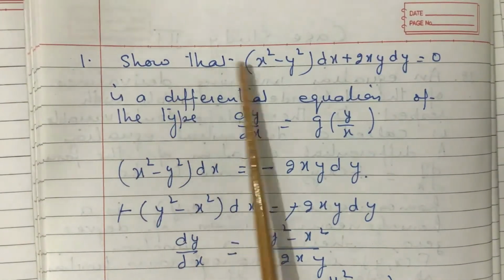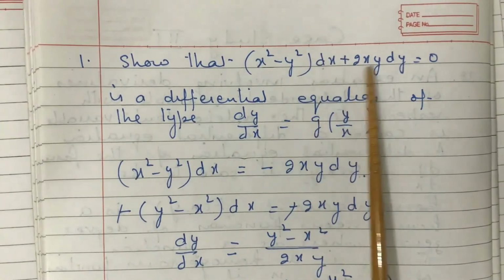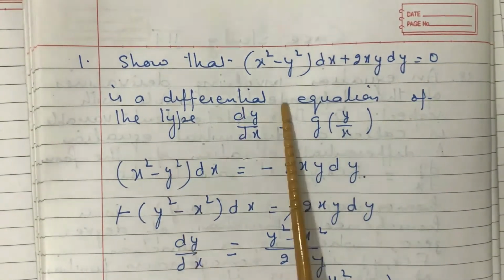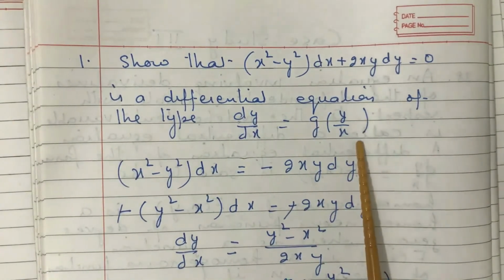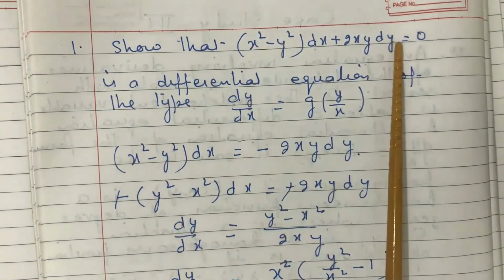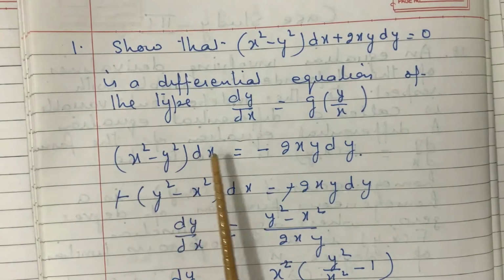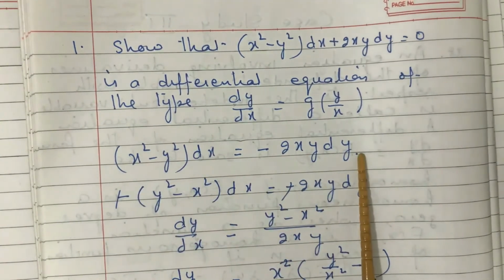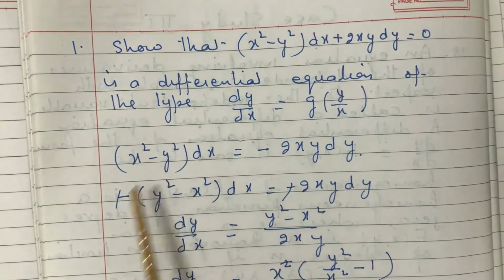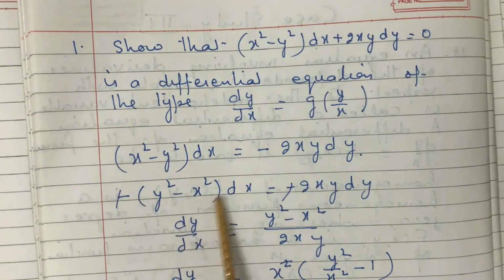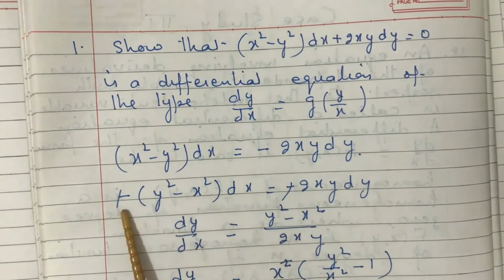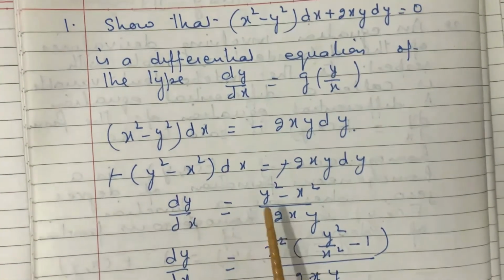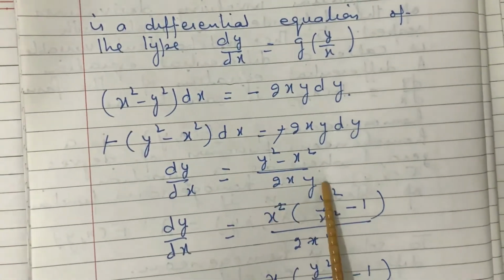First question, show that (x square minus y square) dx plus 2xy dy is equal to 0 is a differential equation of the type dy by dx is equal to g(y by x). So this equation can be written as (x square minus y square) dx is equal to minus 2xy dy. Now take minus common. You will have (y square minus x square) dx is equal to minus 2xy dy. Minus minus cancelled. So dy by dx is equal to (y square minus x square) upon 2xy.